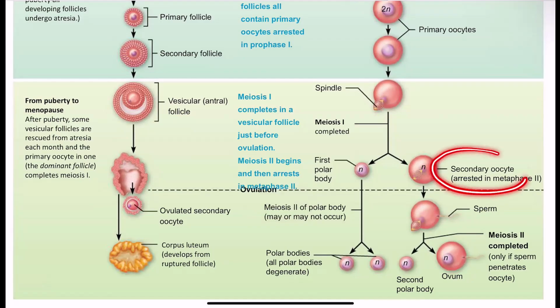So the primary oocyte will become a secondary oocyte, but that secondary oocyte will be arrested, paused, in metaphase 2. And the oocyte will just hang out like this until, or if, it's fertilized. Only if it's fertilized will the oocyte finish the process of meiosis 2.